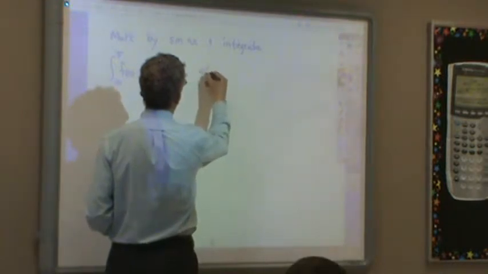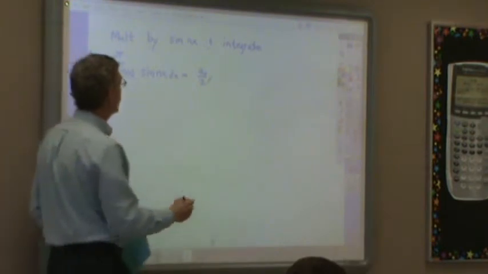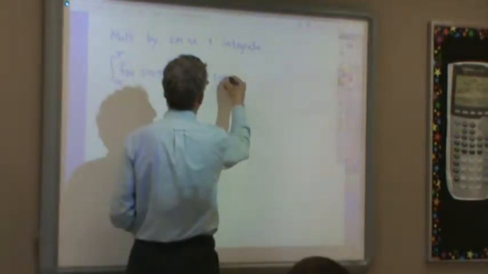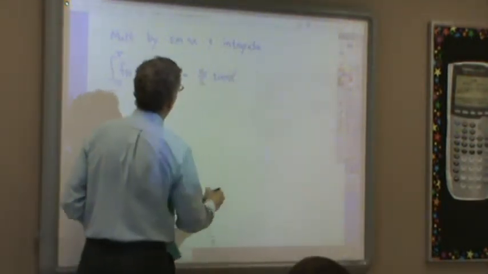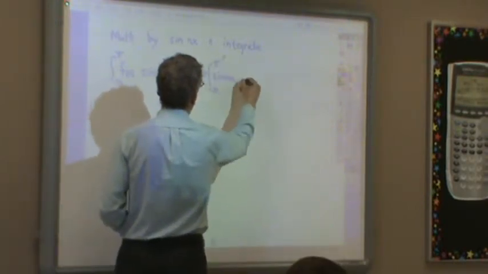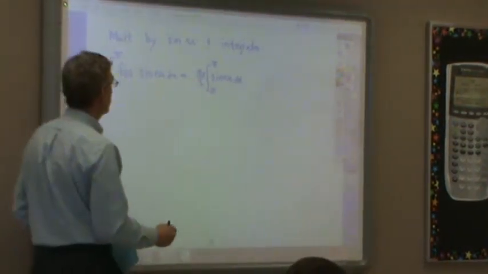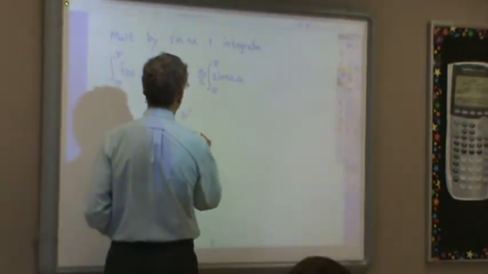We got this a naught over 2. We multiply it by sine nx. We integrate from minus pi to pi. Then let's see, what do the rest of these terms look like?